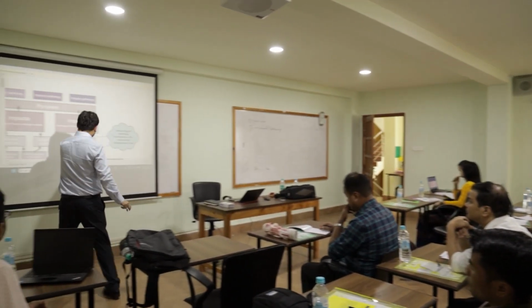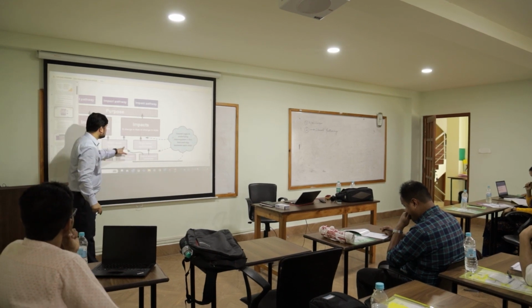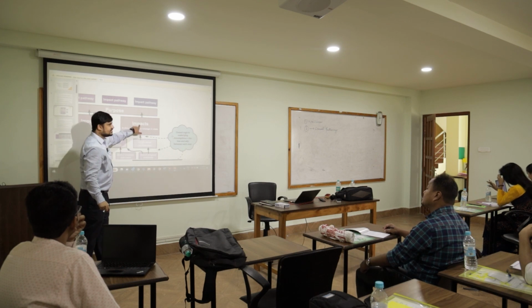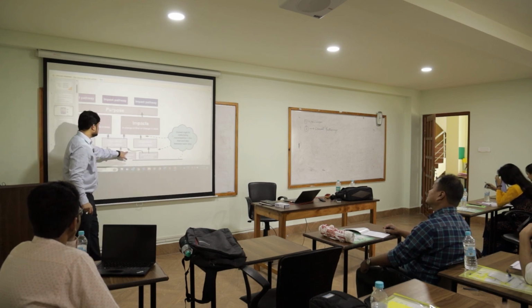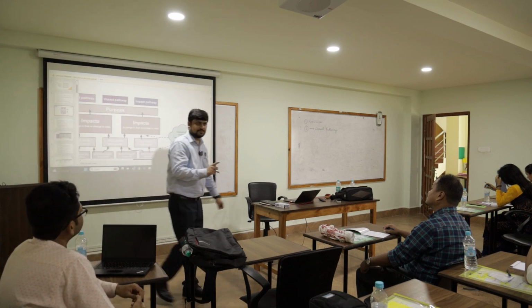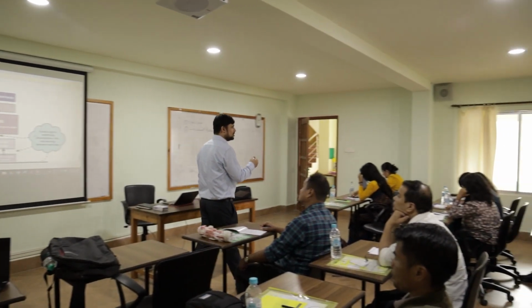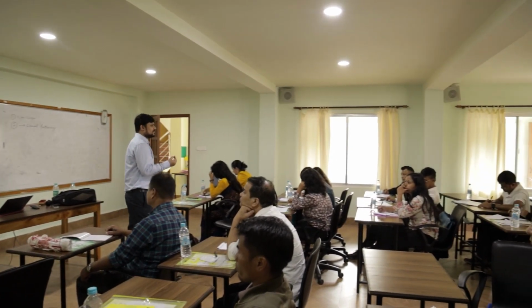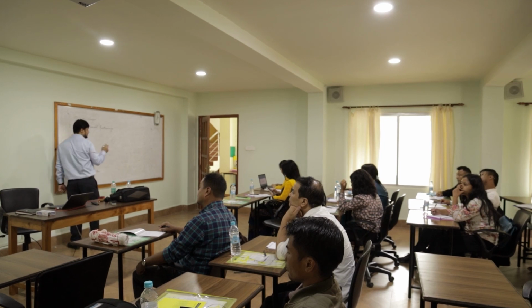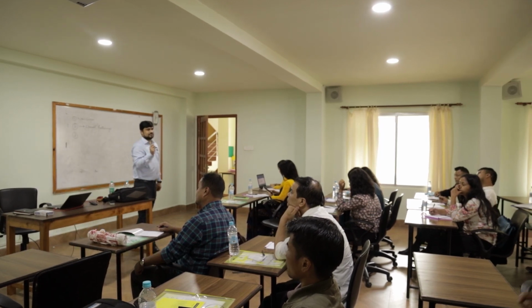If this is achieved, then it will translate into this, and it will translate into this. If this is achieved, then this will translate into this. There is an if-then sort of a relationship. So that's why it's a cause and effect relationship. So that's why we are calling it a causal relationship. Okay, these are causal pathways that are being followed. And it is very important to mention these causal pathways in a theory of change.